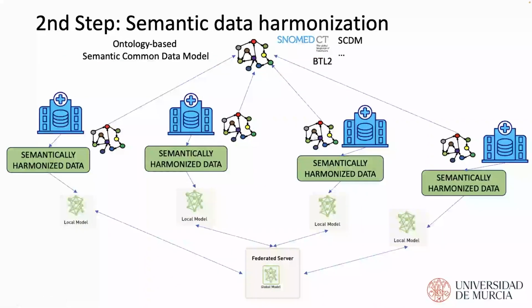And then, as mentioned, once data is analyzed and the relevant variables identified, we harmonize them by using our ontology-based approach, in which all data is mapped to our ontologies. In this way, we allow machine learning models to be trained on each site, using a technique named federated learning.